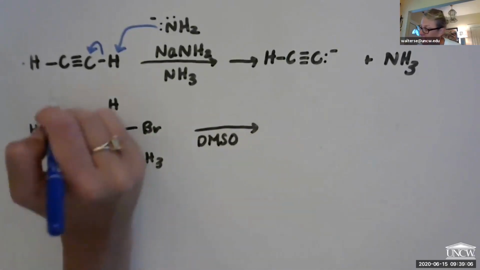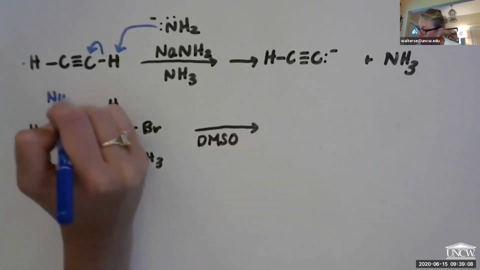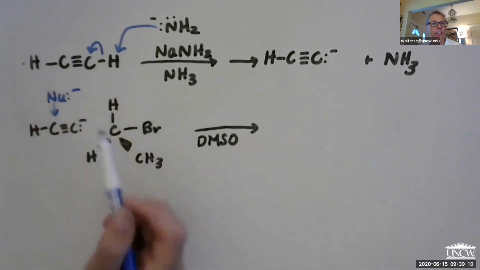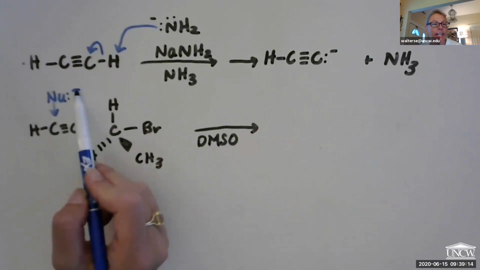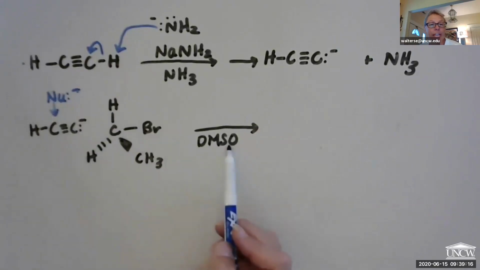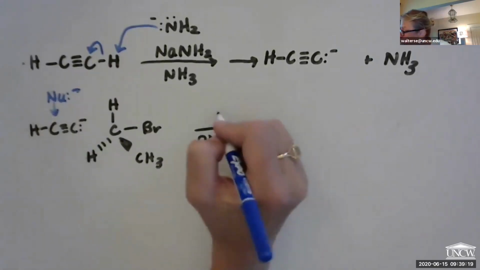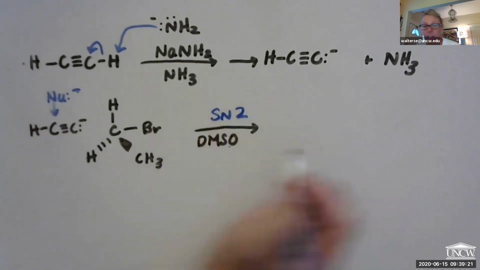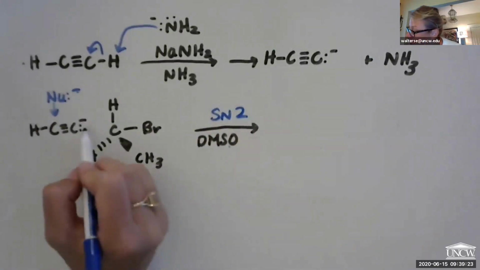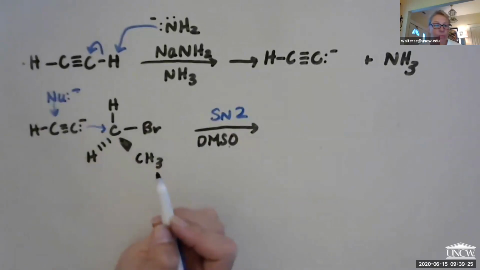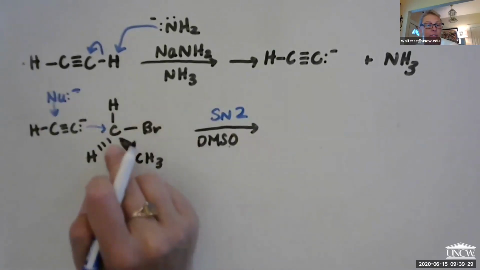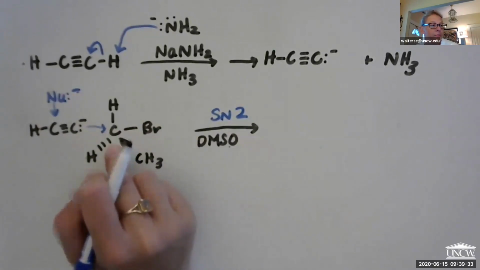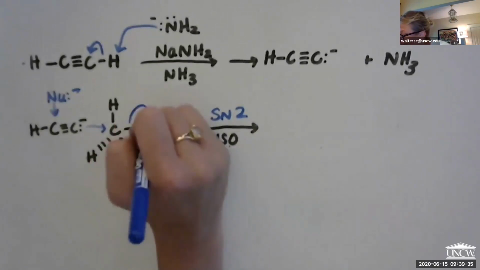Now this is your nucleophile. It's a strong nucleophile because you have a lone pair and an anion, and you have a polar aprotic solvent. So this reaction will go by your typical SN2 backside attack, where the carbon from the acetylide attacks the partially positive sp3 carbon in your substrate, and then releases bromide.